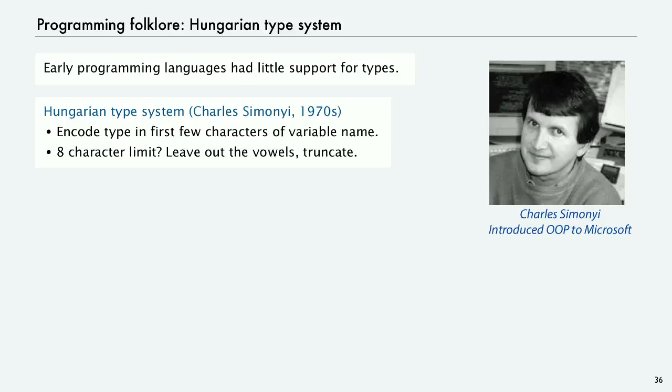We don't even do that in modern languages. There were some old languages that did that. The Fortran language, if a variable was I, J, or K, it was an integer. Otherwise, it was a floating point value.